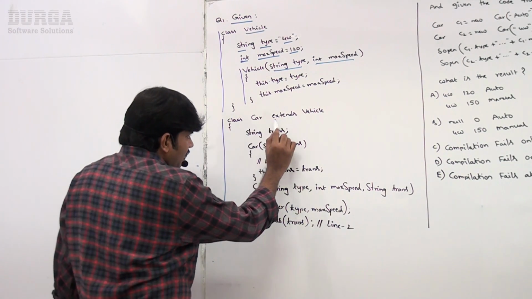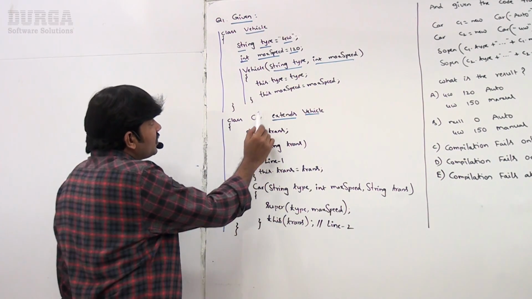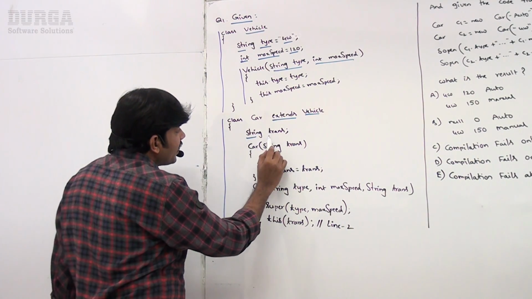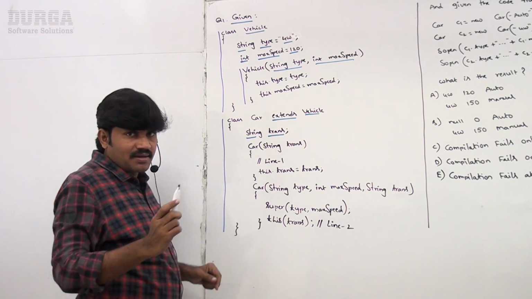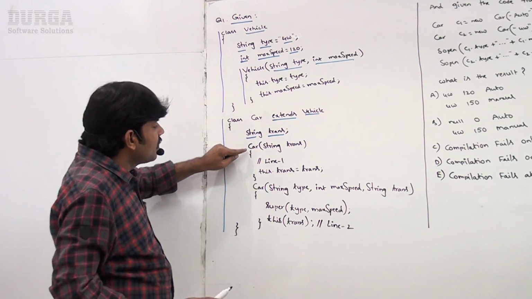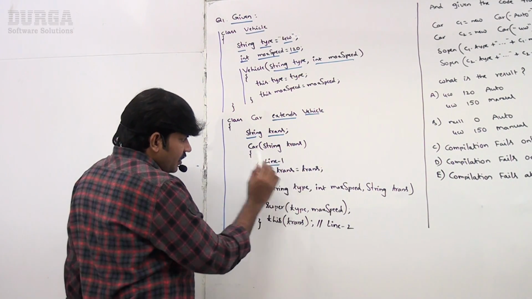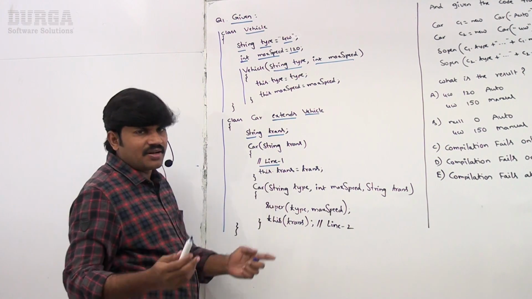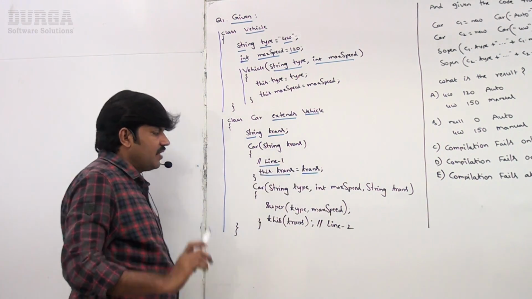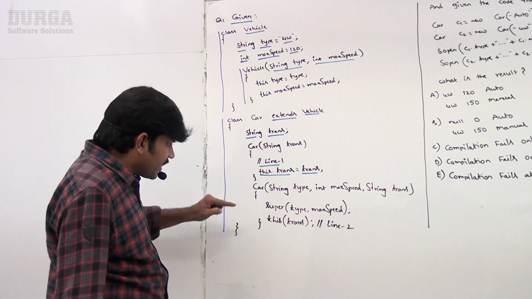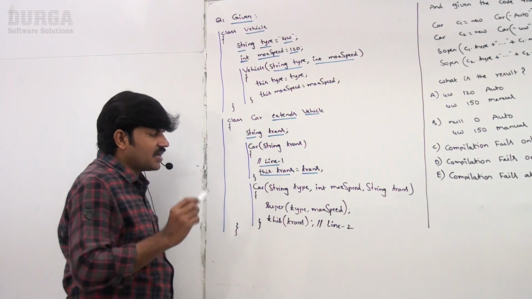Next, class Car extends Vehicle. So it is the child class of Vehicle. It contains one more instance variable, trans, of String type. I'm not writing any code at line 1, that's all. this.trans = trans. Now the second constructor. So two constructors are there: this is the first constructor, this is the second constructor.